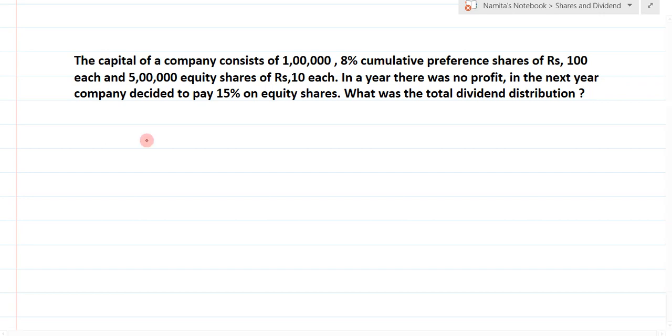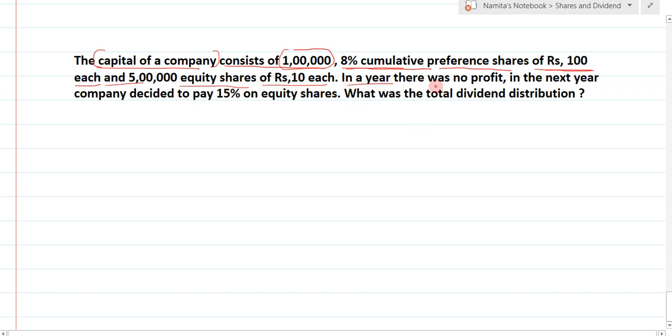So the example is: the capital of a company consists of 1 lakh 8% cumulative preference shares of rupees 100 each and 5 lakh equity shares of rupees 10 each.